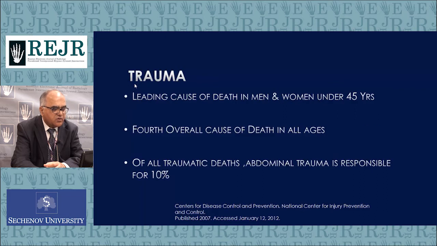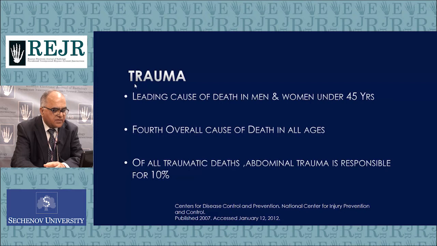Trauma is a leading cause of death in men and women under 45 years of age. It is the fourth overall cause of death in all ages, and abdominal trauma is the cause of death in 10% of all trauma.